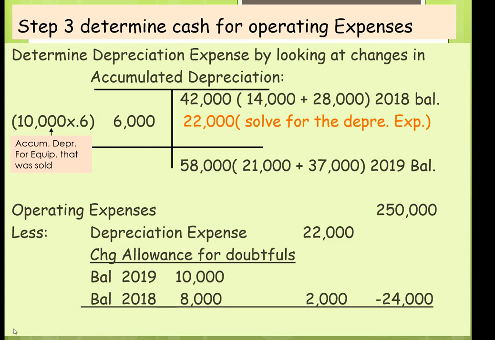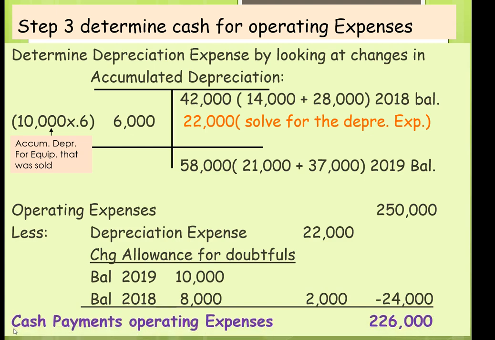Now, we do it here because if allowance for doubtfuls went up by $2,000, that means we have $2,000 as bad debt expense that is not related to cash. So what we have to do is subtract those out. So this tells us our cash payments for operating activities is $226.